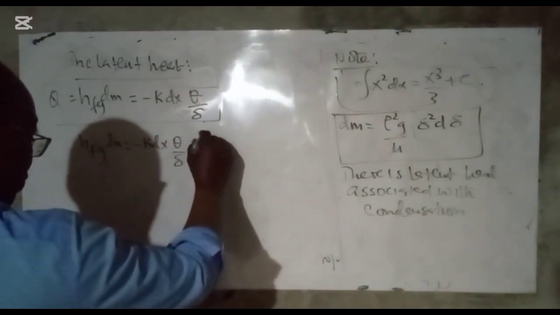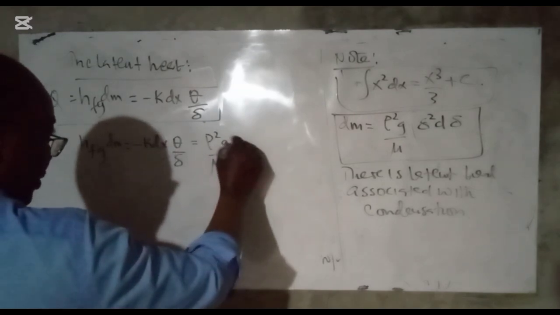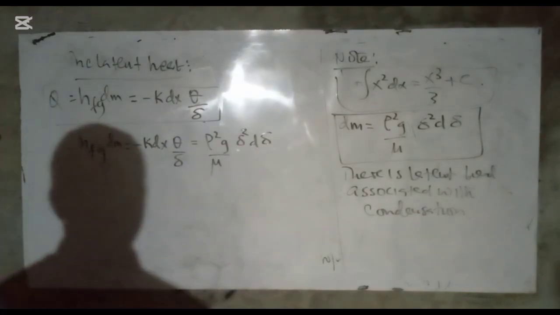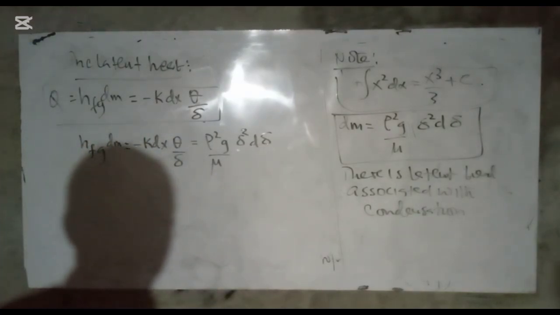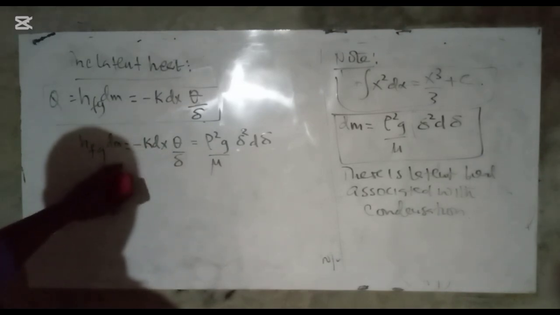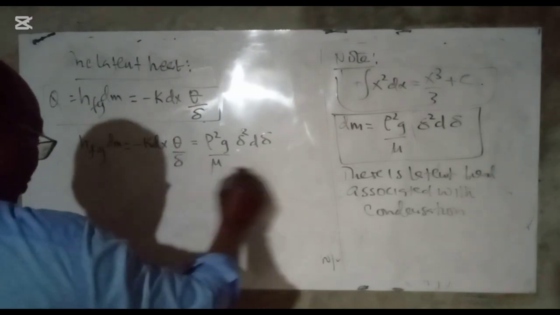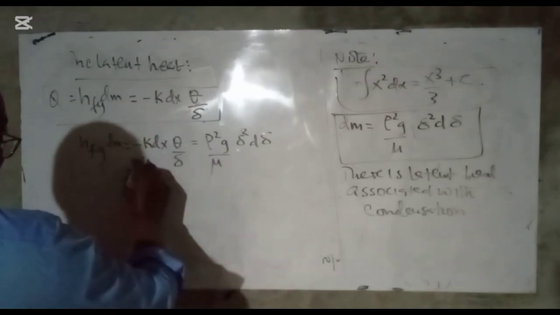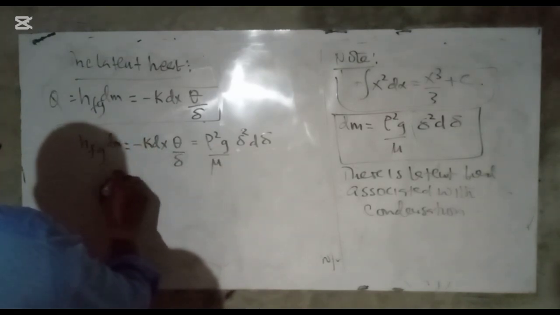It is equal to rho squared g over mu, sigma squared d sigma. And so, working with these particular quantities, we have minus k.